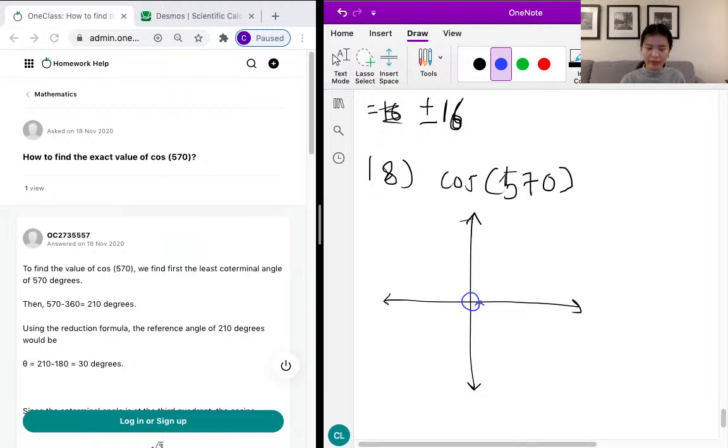So we know we went through the circle once, and 570 degrees minus 360 degrees equals 210 degrees. So after we went through a circle, which is 360 degrees, we still need to keep going for 210 degrees.